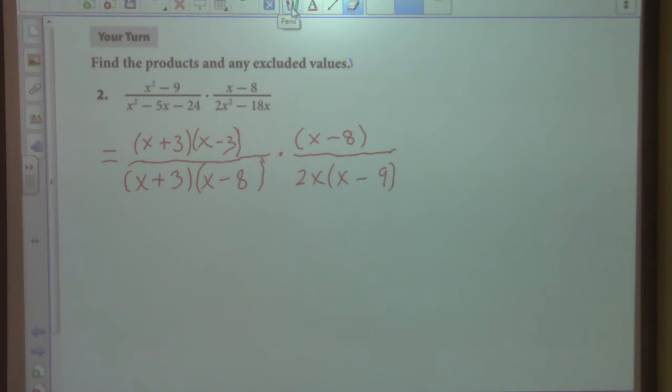Now we can combine these into a single fraction by just drawing across. Let's go ahead and tackle the excluded values, since we can do that. What are the excluded values? x cannot equal -3.